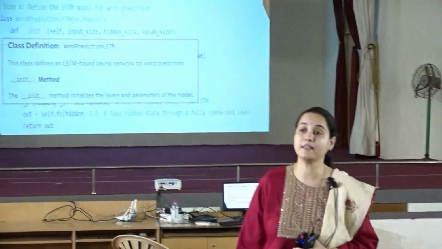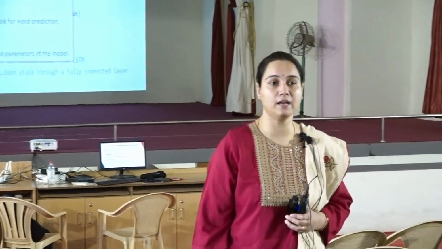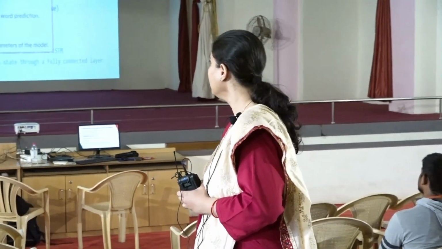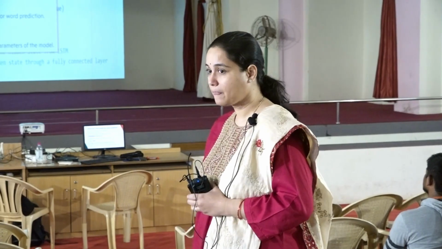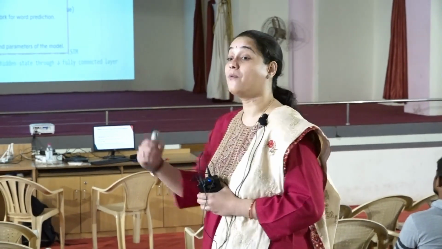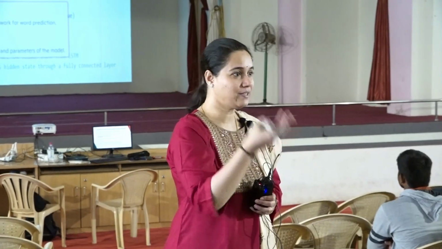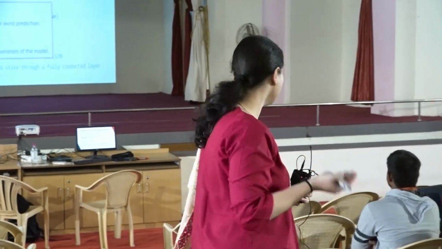So what are you passing as parameters in that init method? Self is okay, self-instantiating, and then input size, hidden size, vocab size, crucial parts, right? Again you came back to RNN part. Input size, hidden size, and vocab size.